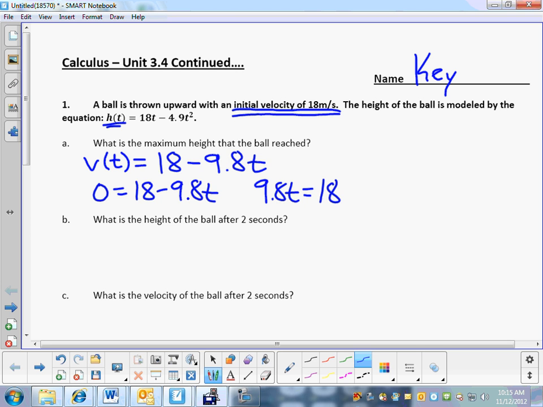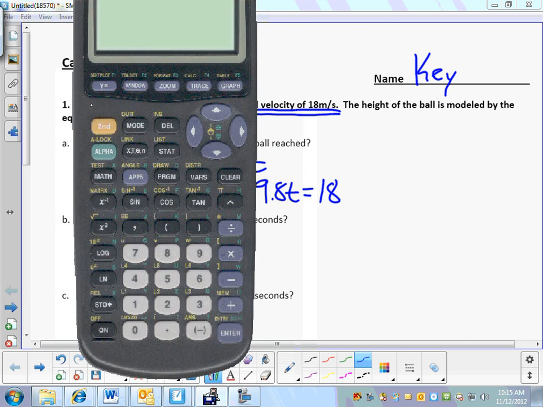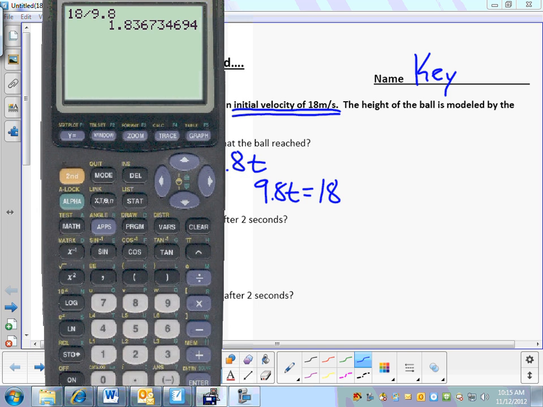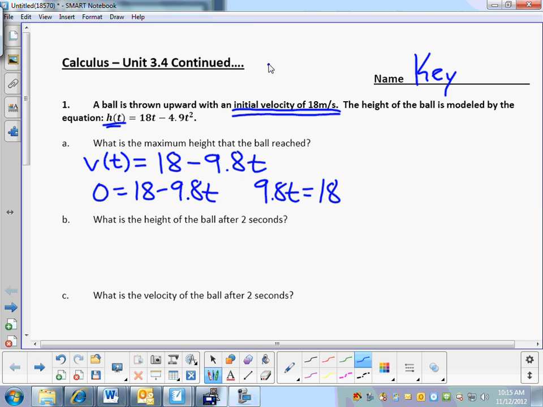If I divide both sides by 9.8, I get 1.84. 1.84 what?